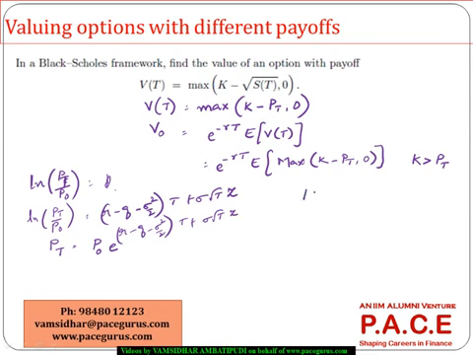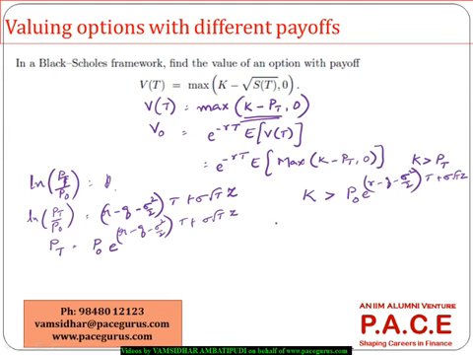So my interval is when K is greater than P0 e^((r minus q minus sigma squared by 2) T plus sigma root T Z). I find that the payoff will be K minus PT.